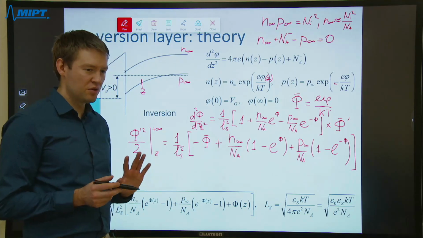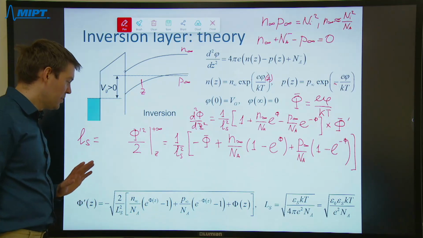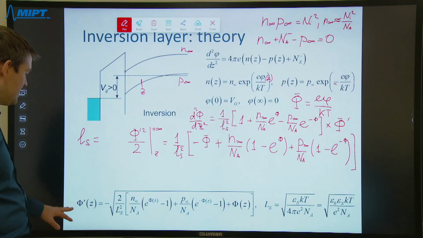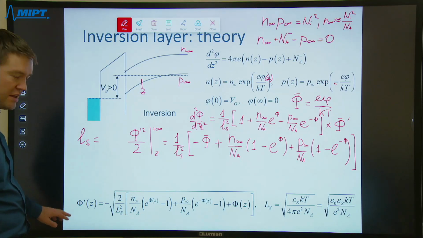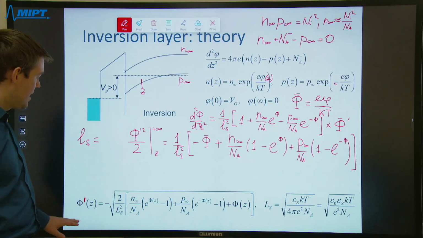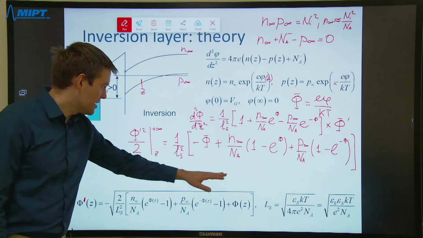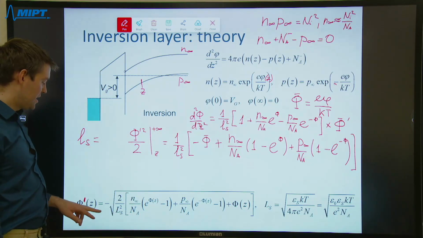But this is too cumbersome and we won't actually need it. All we need is to express the electric field, which is the derivative of electric potential with respect to coordinate, versus potential itself. Just take the square root of the right-hand side and take the correct sign.